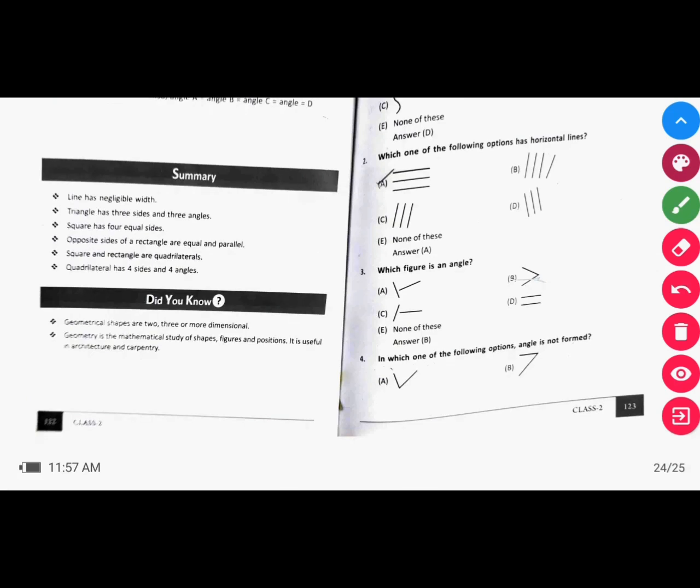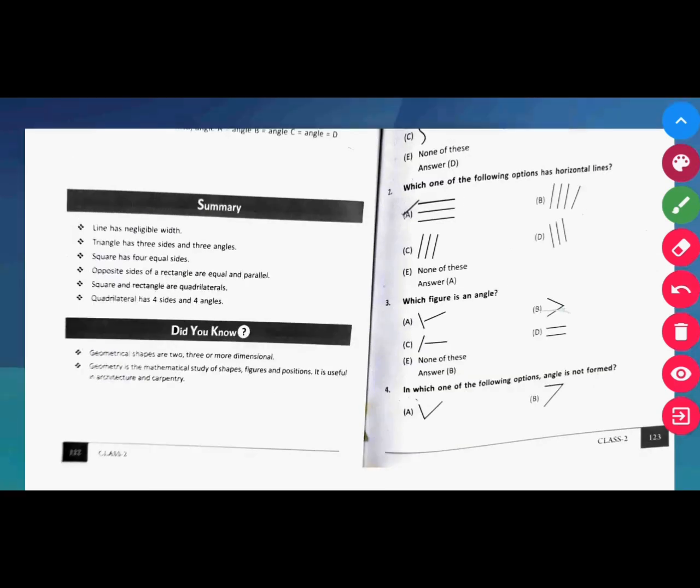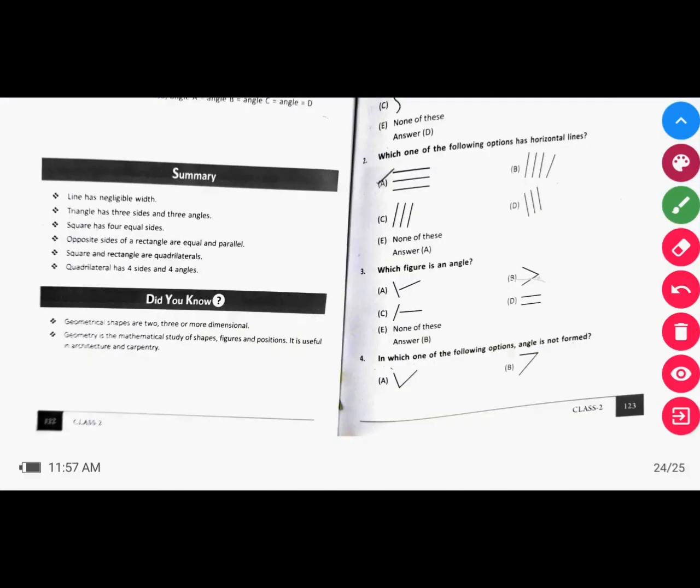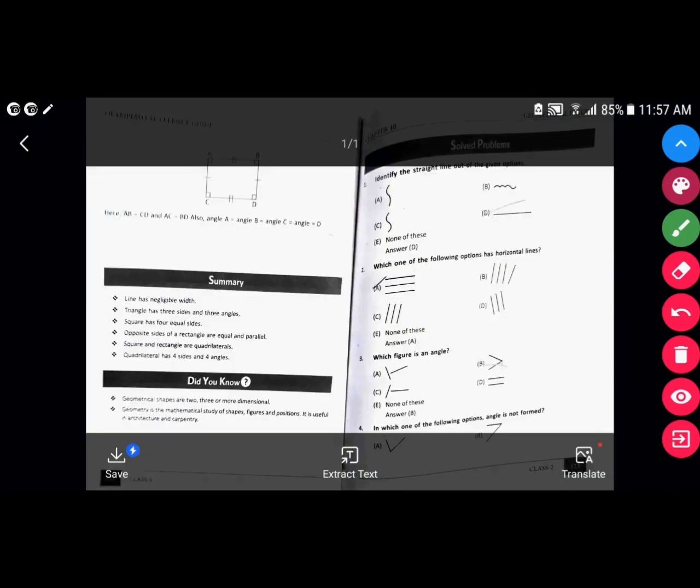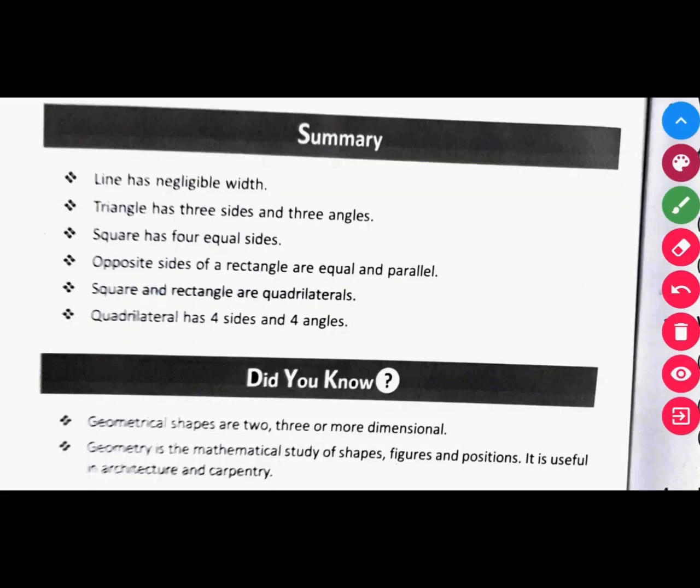Now there are some summary or key points which you should know before we move ahead. Okay, so what are those points? So see, a line has negligible width.